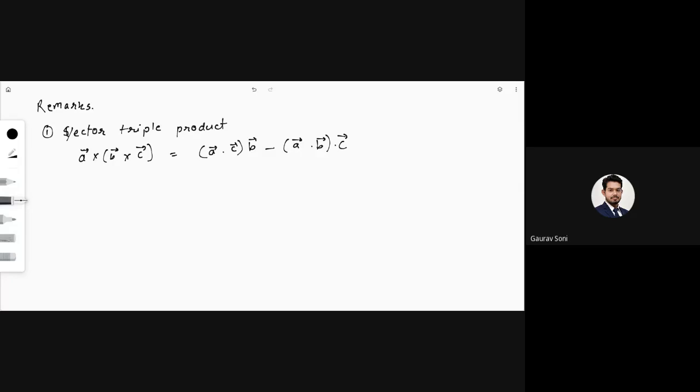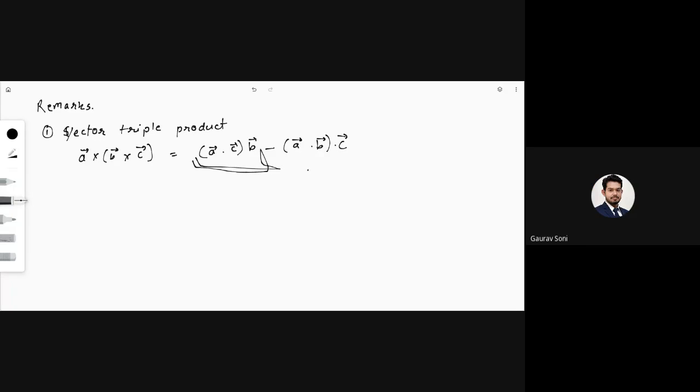The answer will be a scalar or it will be a vector. Can anyone guess? It will be a vector. Why? Because we are subtracting. But what's the guarantee that this is a vector?